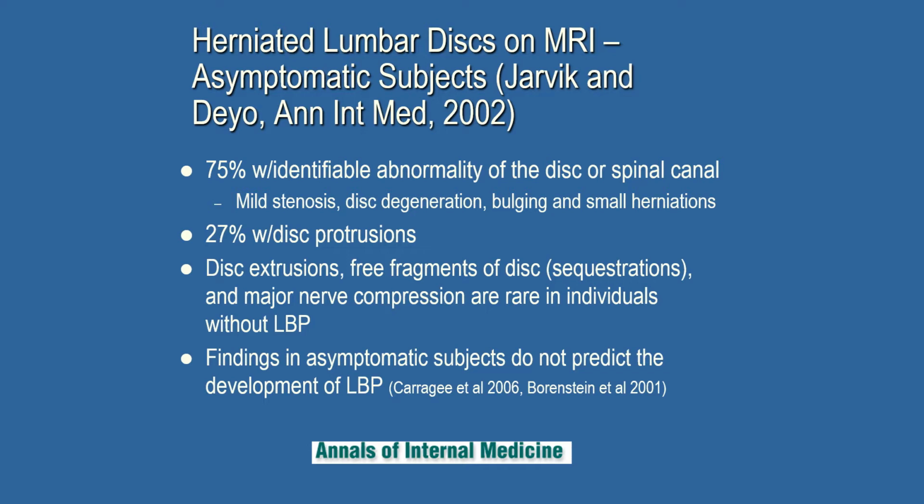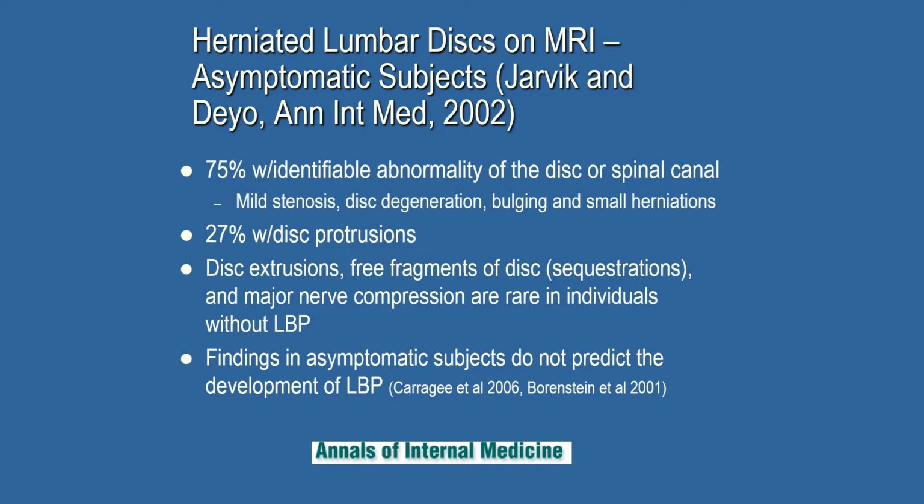We see the same concern here with herniated lumbar discs. When we look at asymptomatic subjects and the presence of lumbar herniations and other types of abnormalities, about 3 in 4 individuals, or about 75%, are going to have some type of identifiable abnormality related to the disc or the spinal canal.